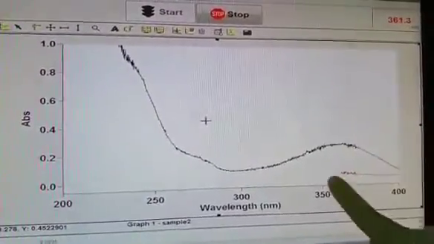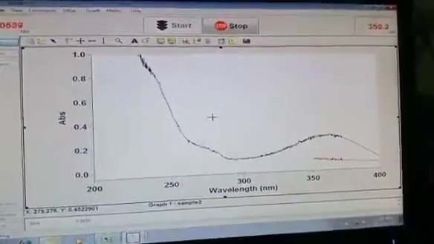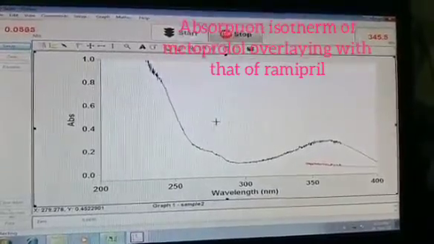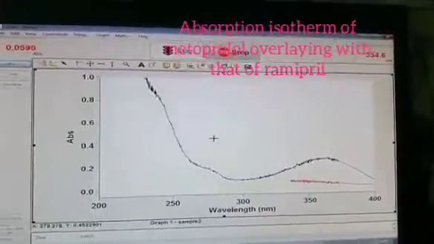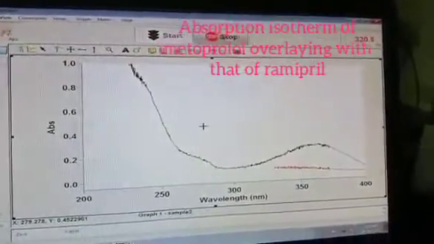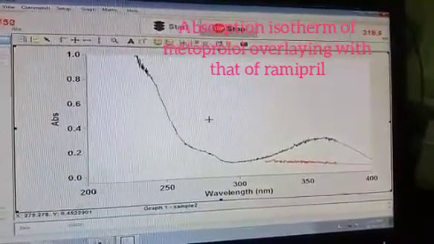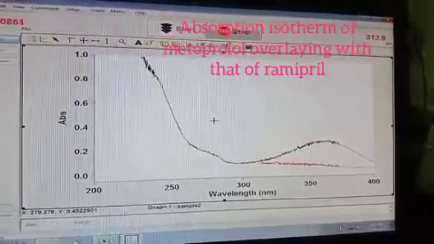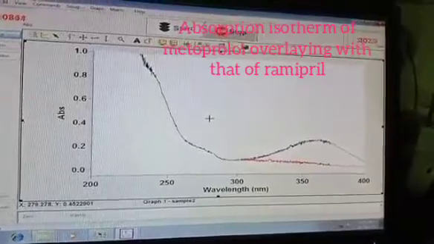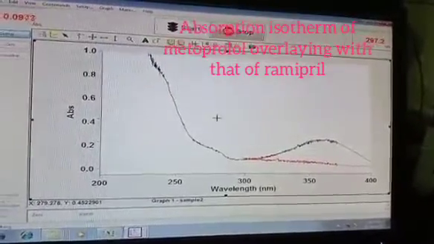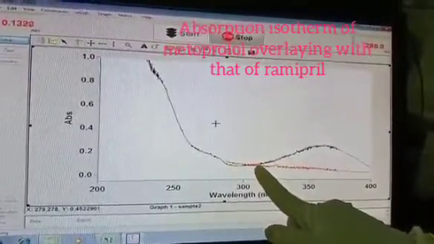Now curve 2 is overlaying with curve 1. You can observe the intersection points of the absorption isotherm.